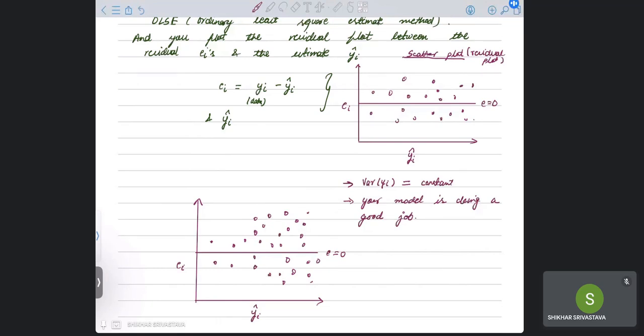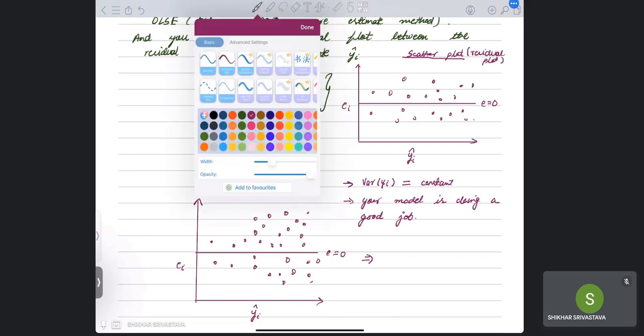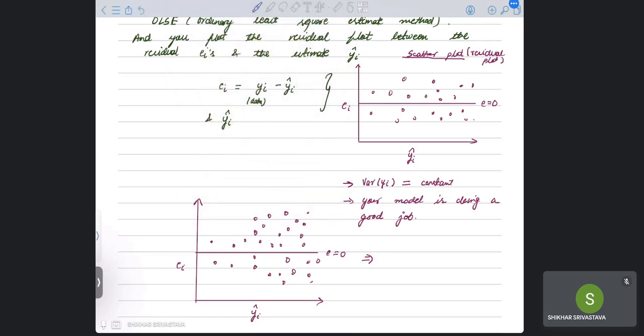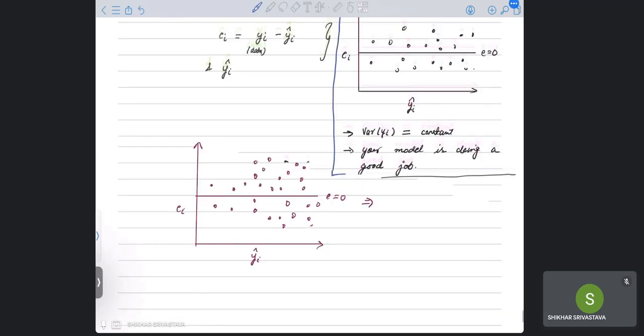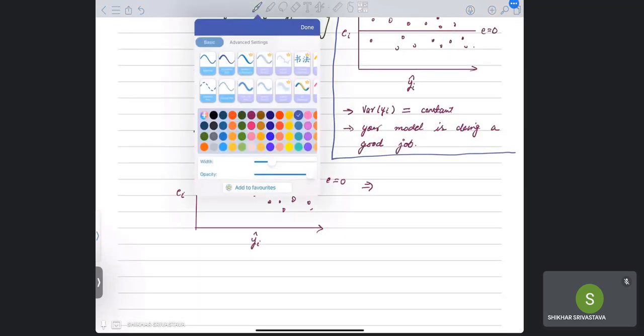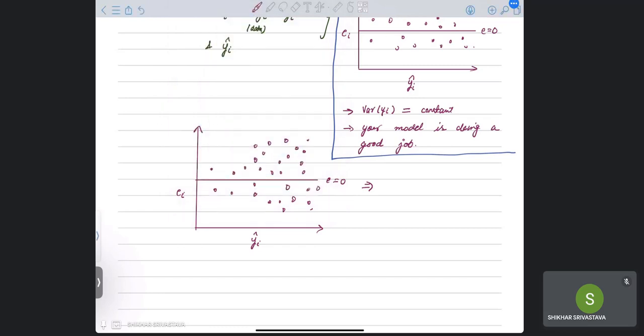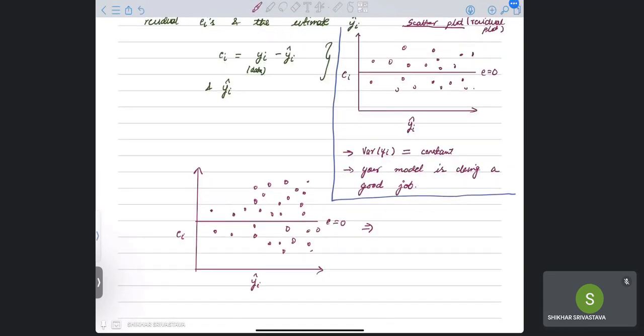So it appears in this case. Let me mark this as one case, and now in this case the variance of y increases as yi increases, as you can see.